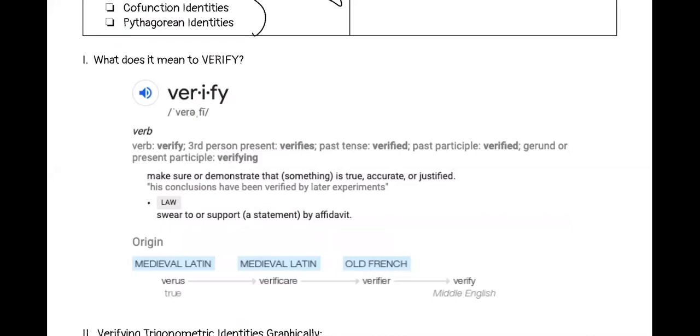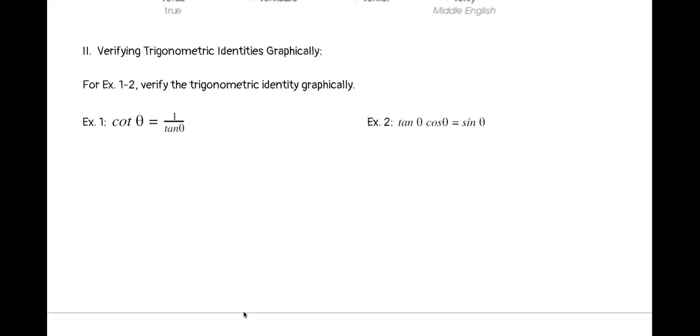All right, so that being said, let me pull up Desmos real quick. Okay. So we're going to start with these two quick examples of what it means to verify trig identities graphically, okay? The first one, example 1, says cotangent theta equals 1 over tangent theta, okay?